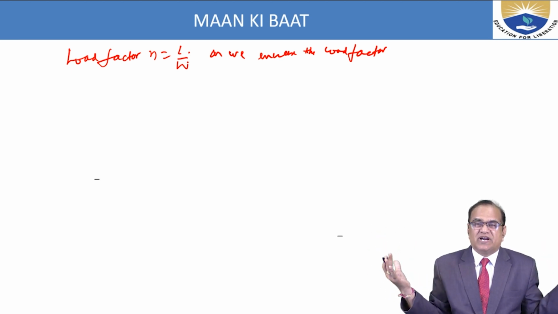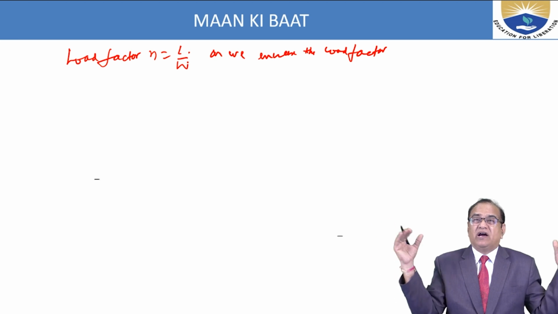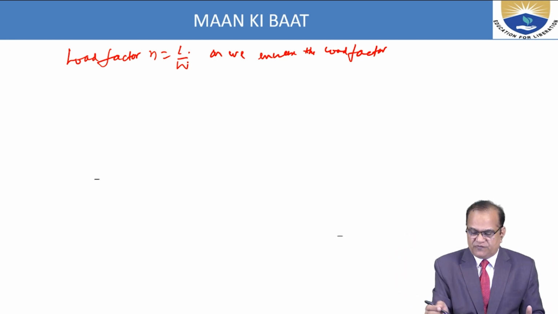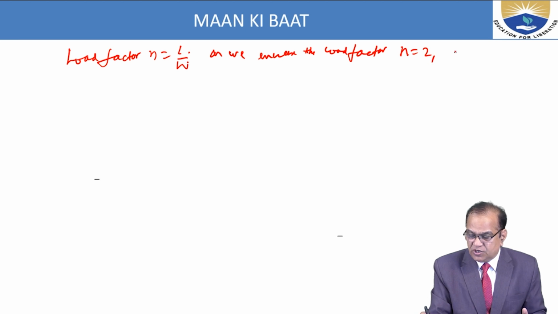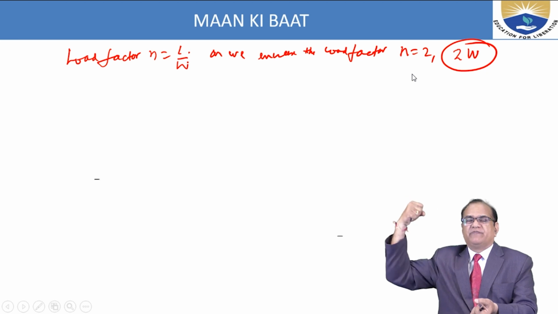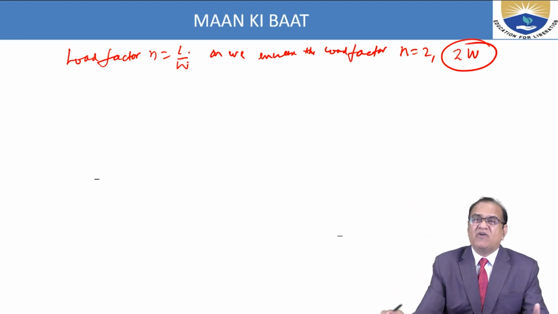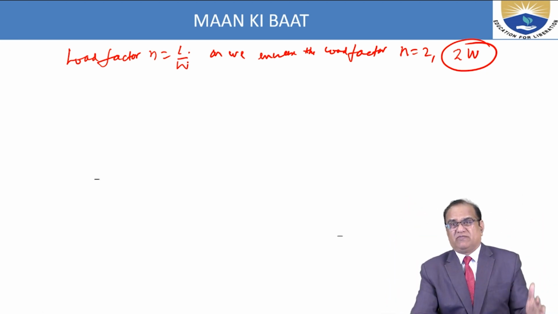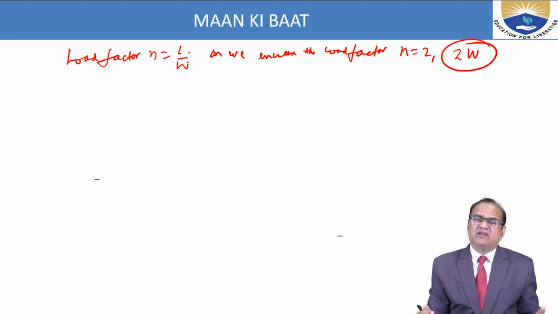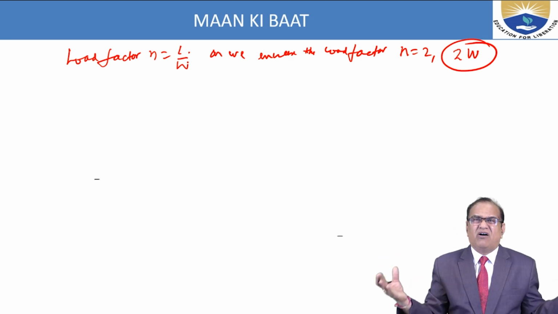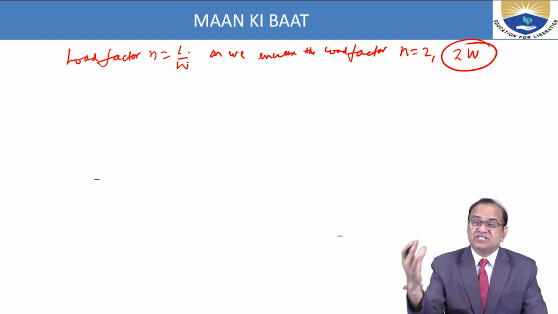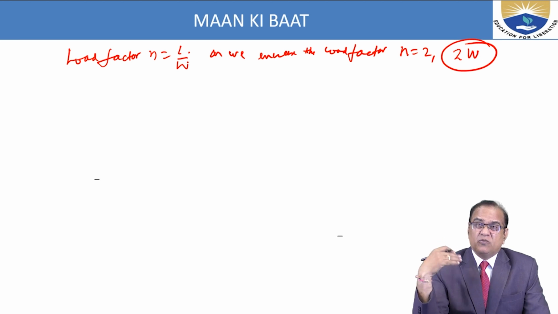If it is a positive load factor, it will bend upward. So if n is equal to 2, it means 2 times the weight. That much it is pulling upward. If you see fighter aircraft, they have 9, 10, 11, 12. So that type of hard wings are required, and the whole body of the aircraft. So your structural parameters, your aerodynamic parameters, and very high thrust are required for countering this type of load factors.